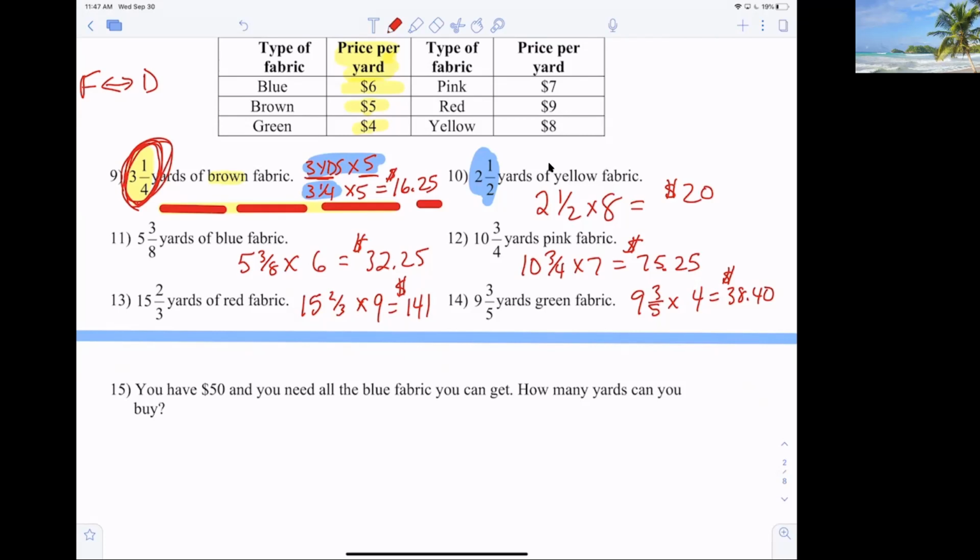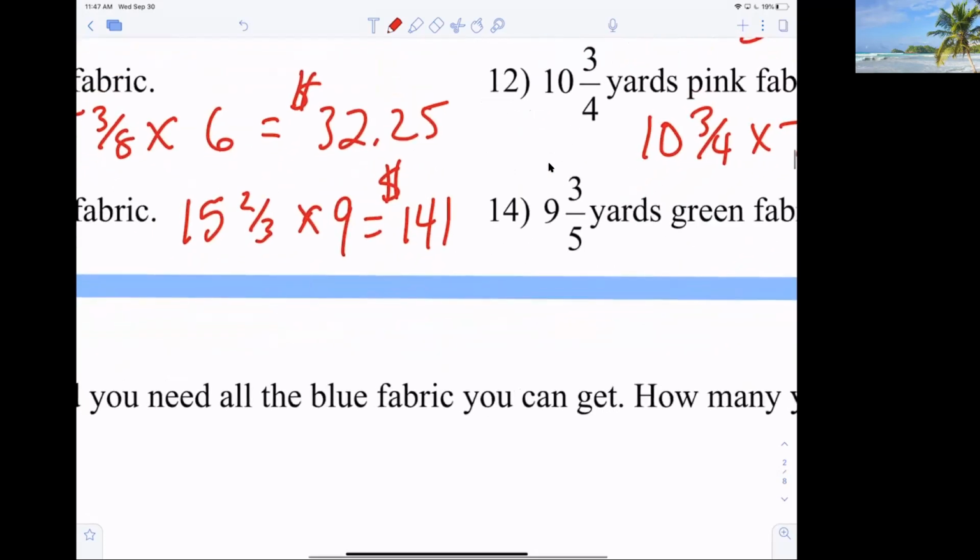What'd you get? So is that correct? What you got? 141. You sure? Come on, don't be afraid to ask me if you don't know something. 141. Anybody have any questions with those? All right, straightforward. If we're dealing in money, we want decimals.